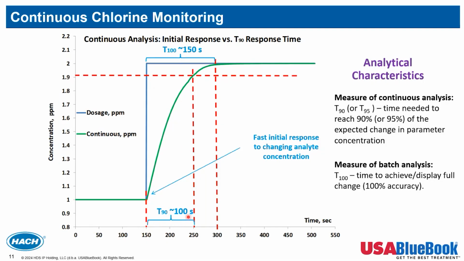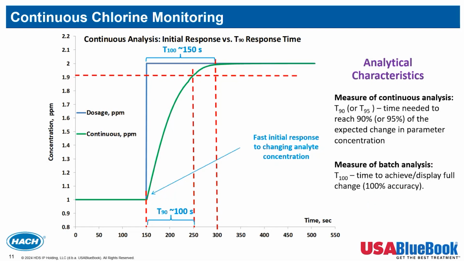But T90, T95 is about 100 seconds. Now the time to reach 100% is about 150 seconds if you use amperometric technology. And interestingly enough, that's the same time to reach that 100% accuracy using batch analysis, colorimetric analysis.